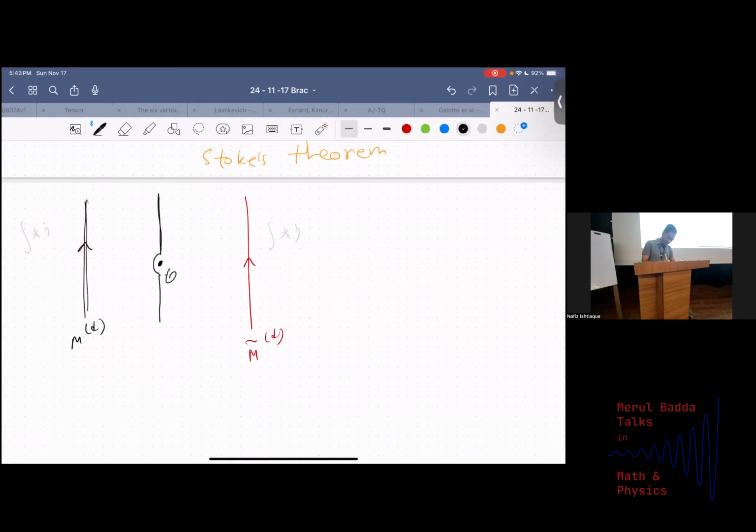Let me divide this line into 3 parts. Should give some names. So A1 is this segment, C1 is this semicircular segment, and A2 is this vertical segment. And it's clear that the operator defined on this line is the same as the operator defined here.